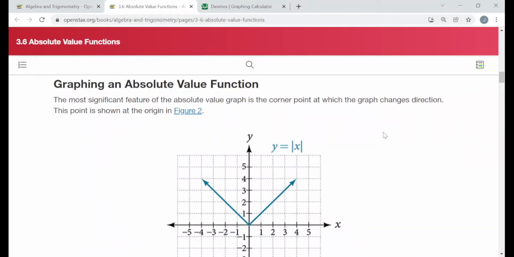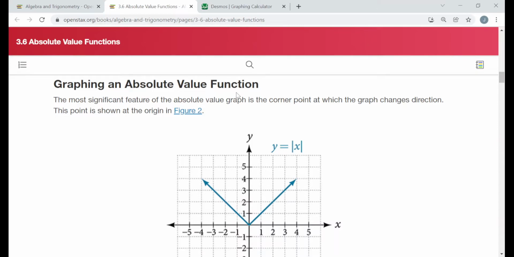Every example I'm going to be doing in this video is taken directly from a free online textbook at openstax.org. I'm in their Algebra and Trigonometry text, section 3.6, called Absolute Value Functions, under the heading Graphing an Absolute Value Function.